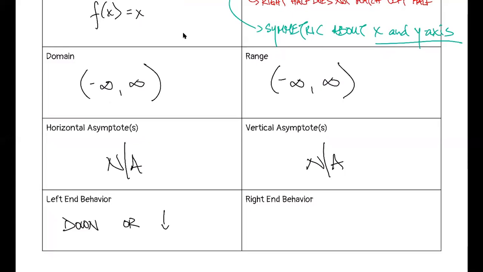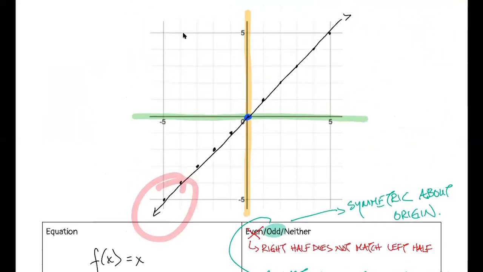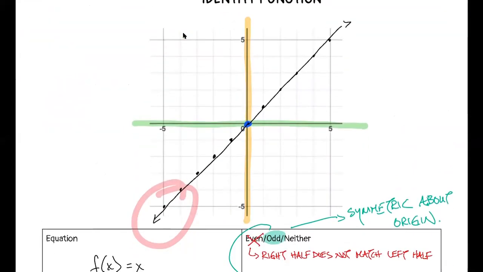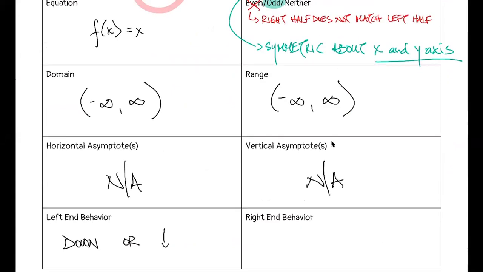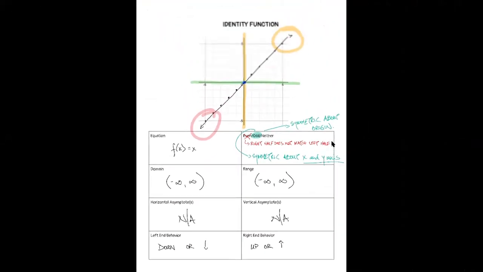Either one is fine. What about the right end of this function? What can we say about that end behavior? It's going up, exactly. So we've got up on the right, or we can say arrow up, and then left end behavior is down. So a newer way of looking at our identity function.